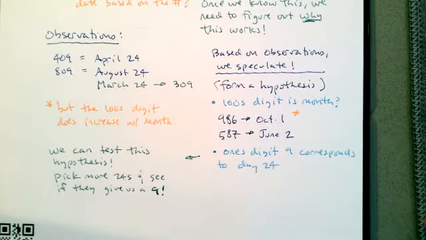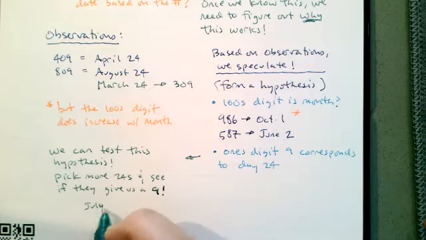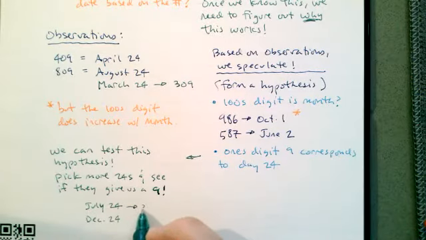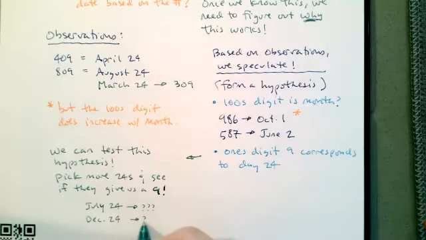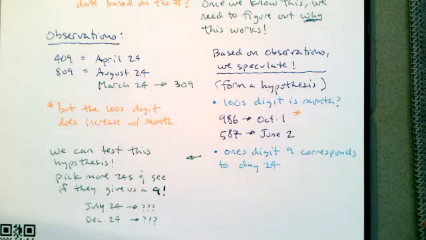So now we have to do some science. Maybe we'll pick July 24. And maybe we'll pick December 24. The point is that we have landed on something that we can test. A very specific thing: a ones digit of 9 looks like it might correspond to a day of 24.